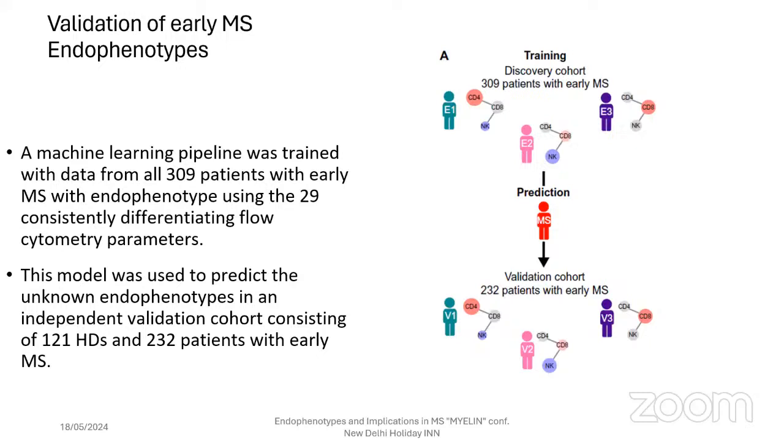So this machine learning pipeline was trained initially, as I said earlier, and you can see the training path and the prediction path and the validation cohort. So this model was used to predict the unknown endophenotypes in an independent validation cohort, about 121 healthy donors and 232 patients with early MS.